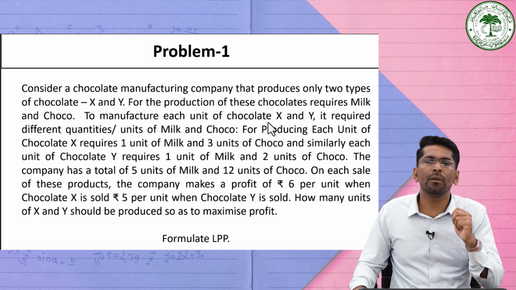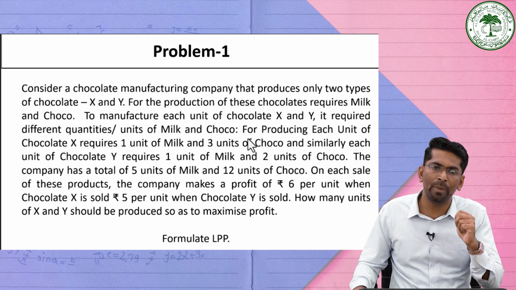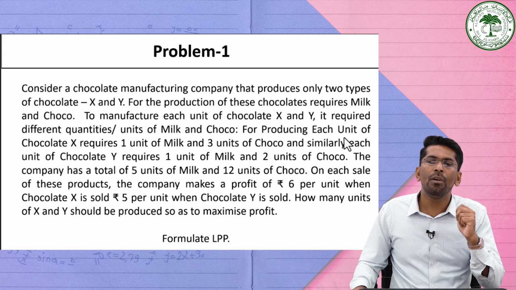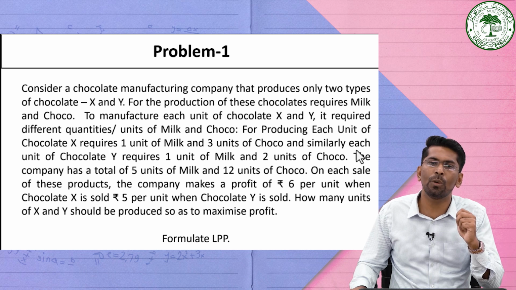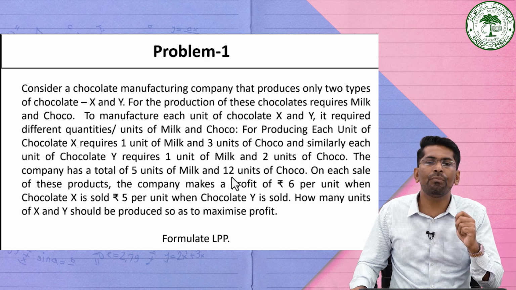To produce each unit of chocolate X, it requires 1 unit of milk and 3 units of choco, and each unit of Y requires 1 unit of milk and 2 units of choco. The company has a limitation of a total of 5 units of milk and 12 units of choco.